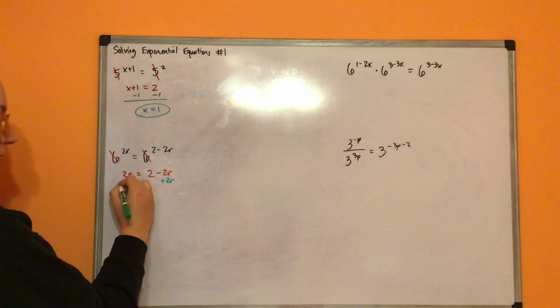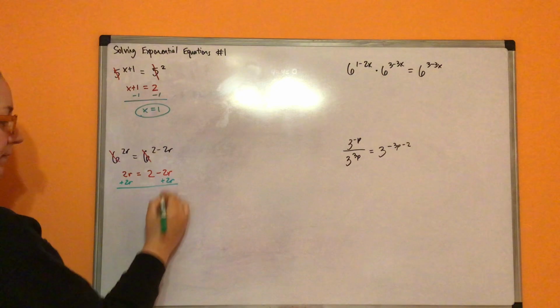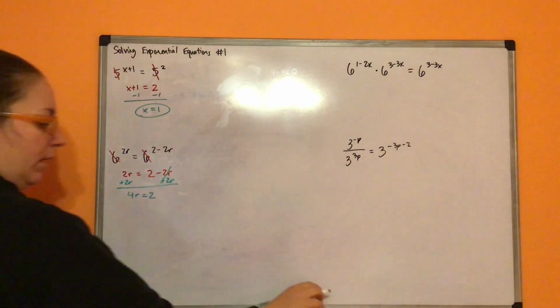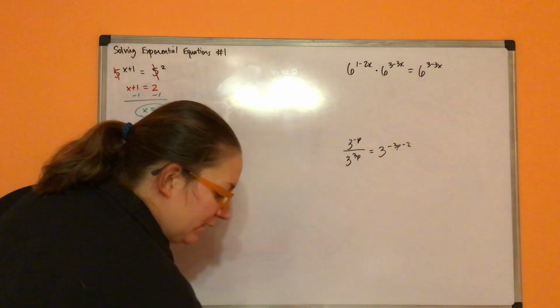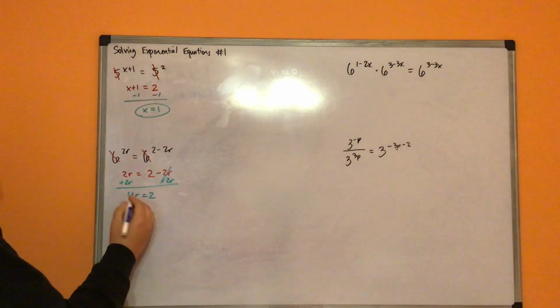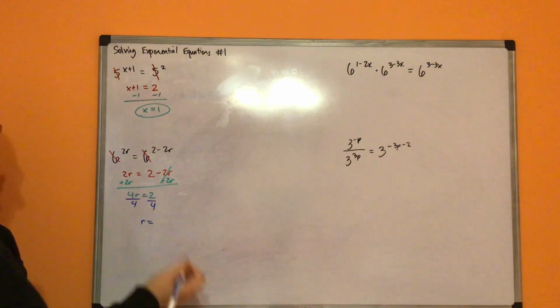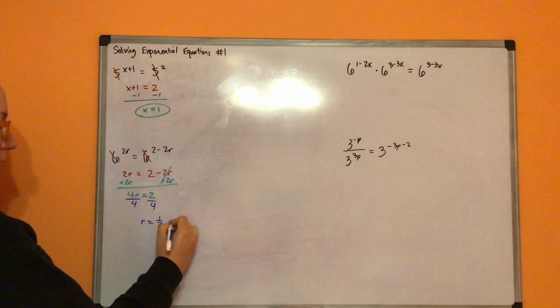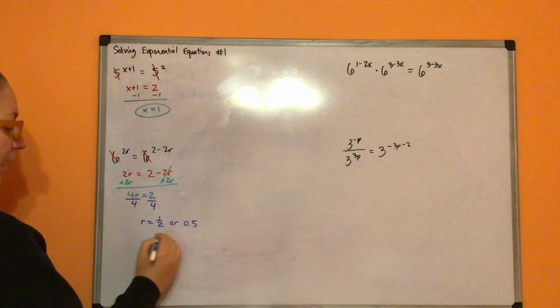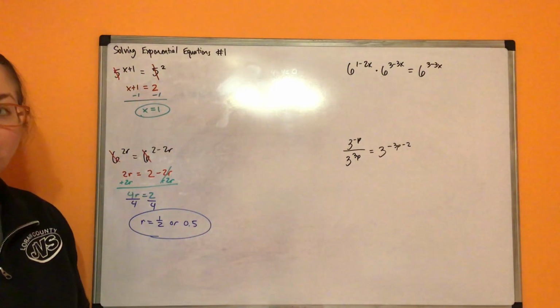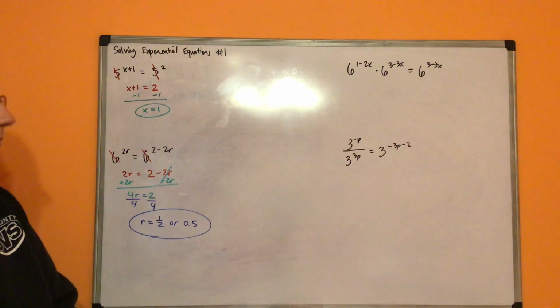I'm going to do that by adding 2r to both sides. 2r plus 2r is 4r. And then the last step to get r by itself and solve this one is to divide by the number in front of r, which is 4. 2 over 4 reduces to 1/2, or if you like decimals better, it's 0.5. I don't care if you write your answers as a fraction or decimal, either one is fine with me as long as it's the correct number.